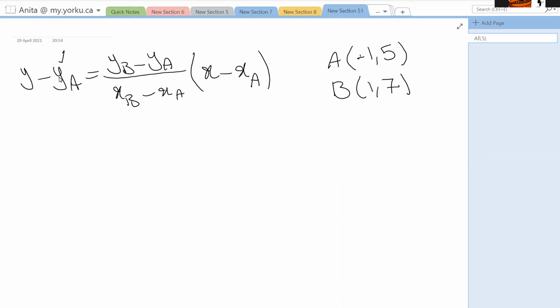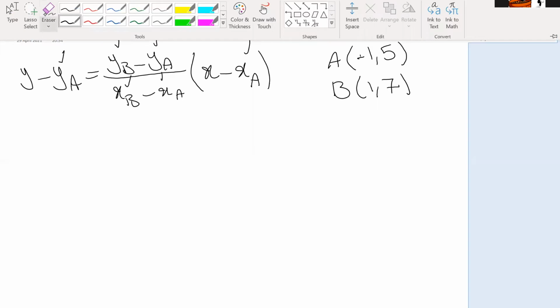So you have YA, you have YB, you have XB, you have XA, and you have X. All of them you have. So if you put these numbers into this formula, you can quickly find the equation of the line.